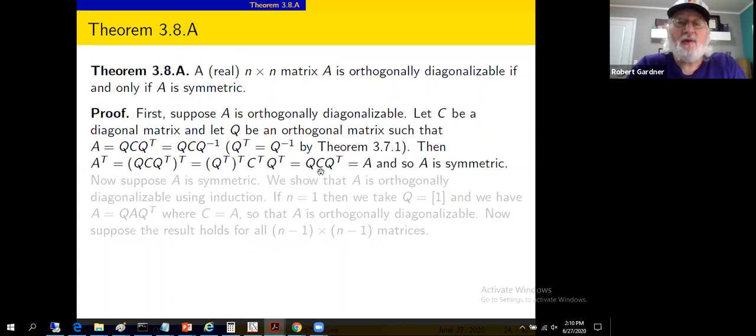We get a C out here as well, and Q C Q transpose, well, that is matrix A. So A transpose equals A, and that's our very definition of symmetric. Piece of cake, orthogonally diagonalizable implies symmetric.